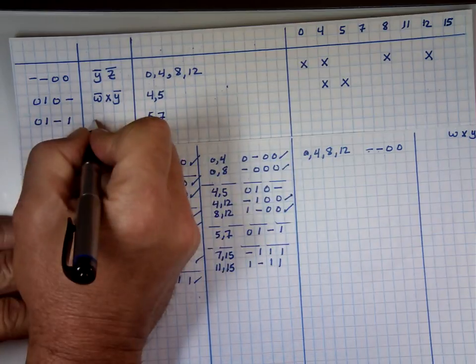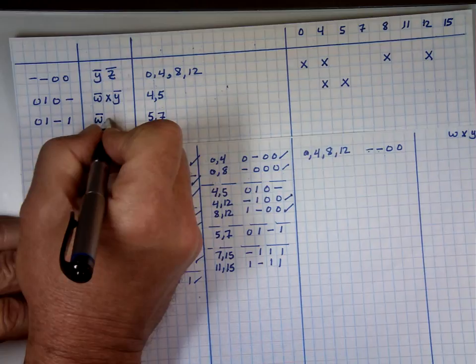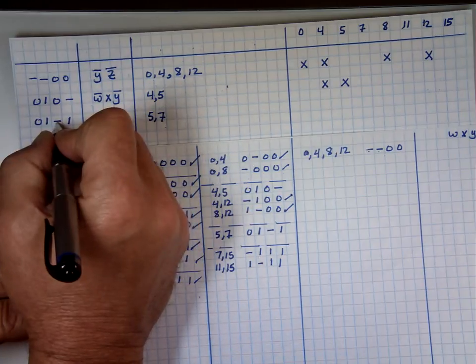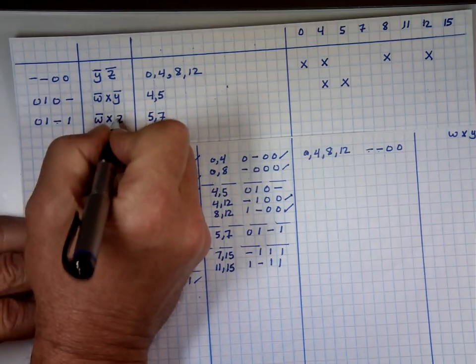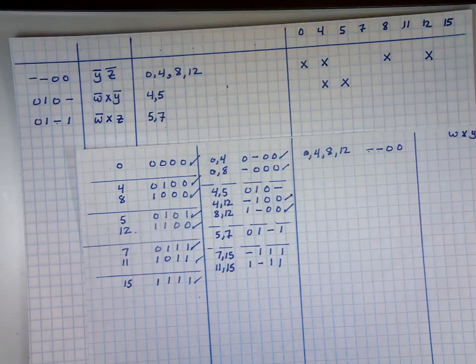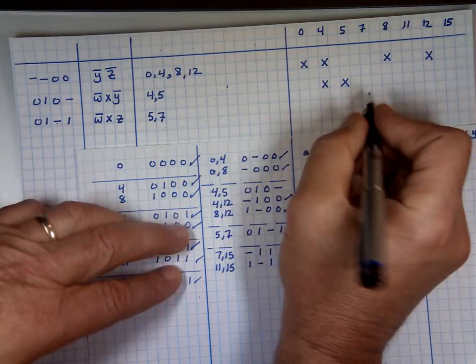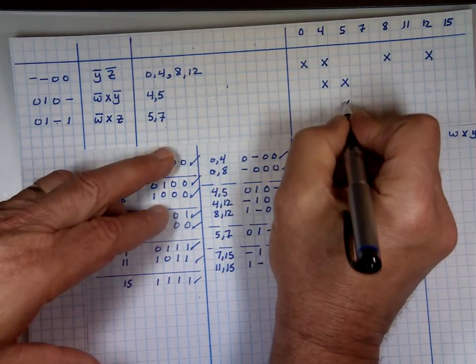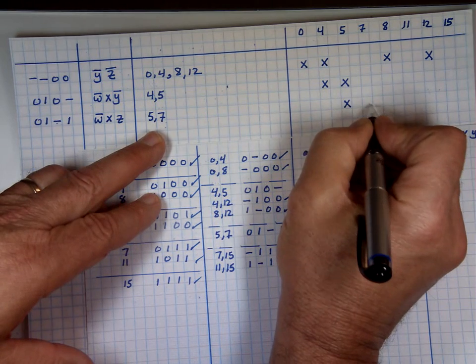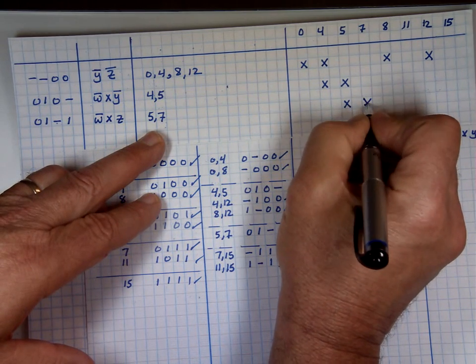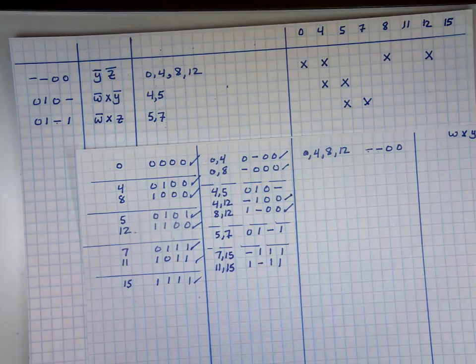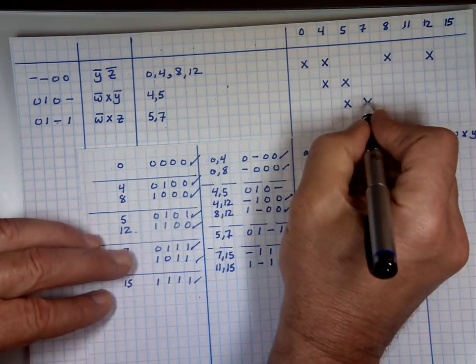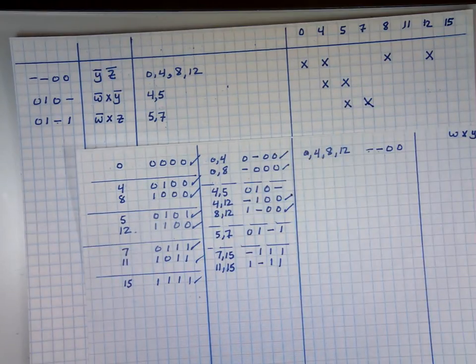W bar, X, Z, right? Let's go to 5, put an X there. And let's go to 7, put an X there. We have two more.